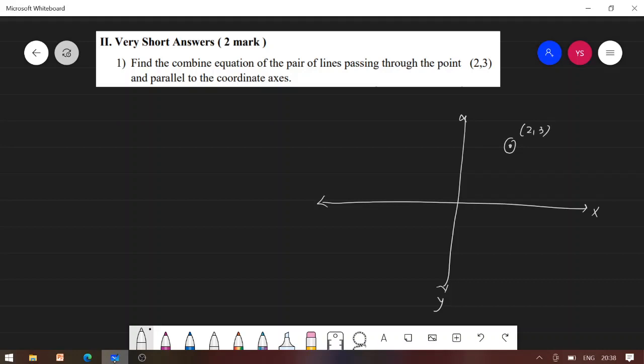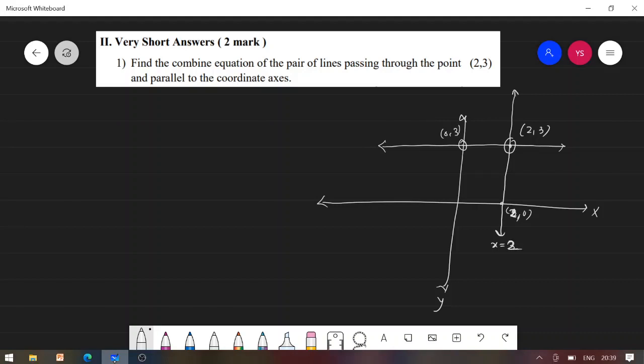So the required lines are parallel to the coordinate axes. One is a line parallel to the x-axis and the other is a line parallel to the y-axis. Once it passes through (2, 0), the x-coordinate is 2, so x equals 2 is the equation.